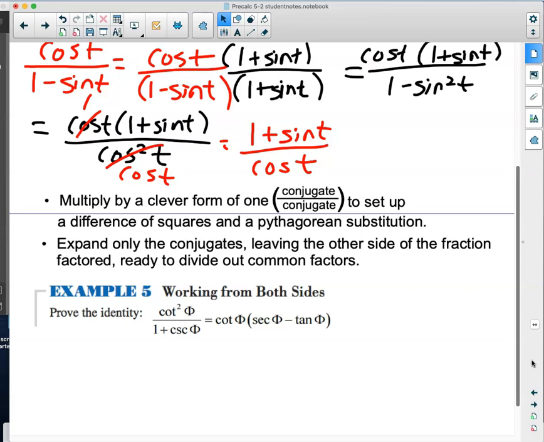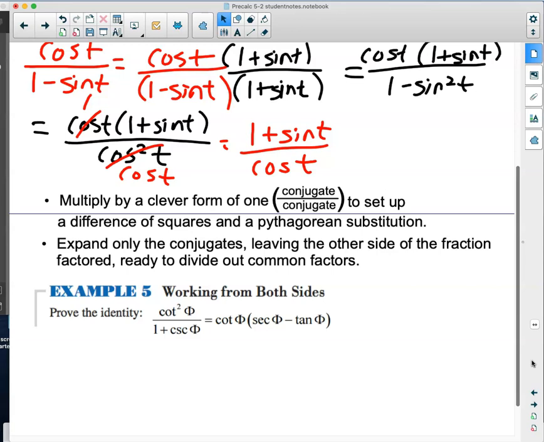Multiply by a clever form of conjugate over conjugate to set up a difference of squares and a Pythagorean substitution. And while they called it the sum and difference pattern, this is truly the conjugate of our denominator right here, when you have the same first and last term, but you just change the sign. That helps tons.